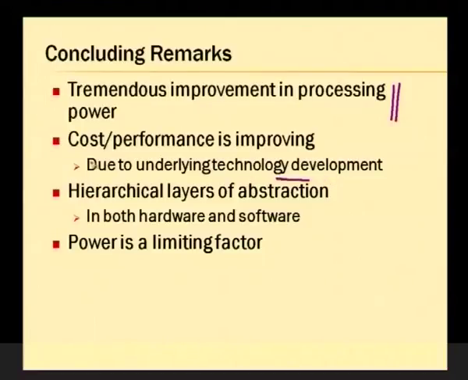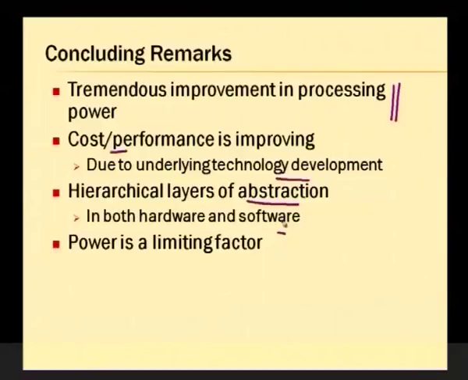And what has also been happening is the cost per performance factor. That is, we are getting better performance at lower cost. So, that is something which has also been improving. And all this is facilitated by different layers of abstraction. As we saw with respect to software, we saw different levels of abstraction. We talked about high level language, assembly level language and so on.